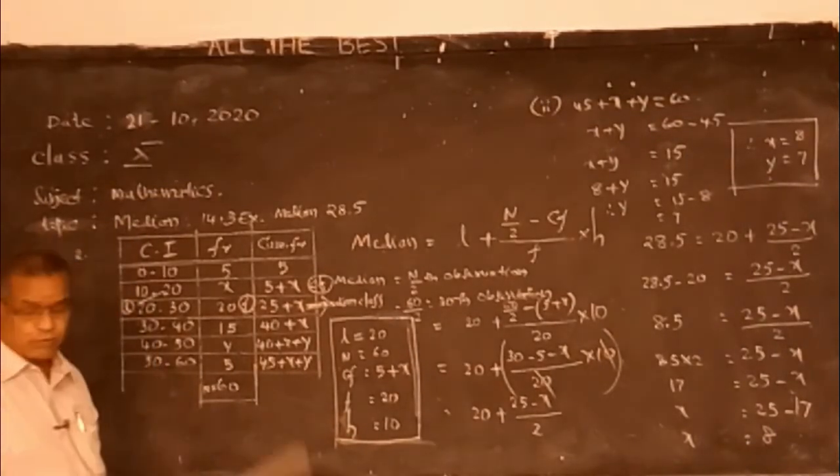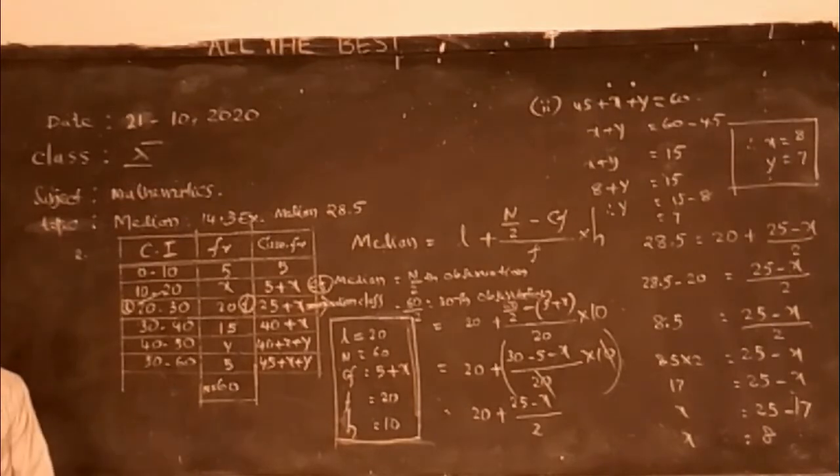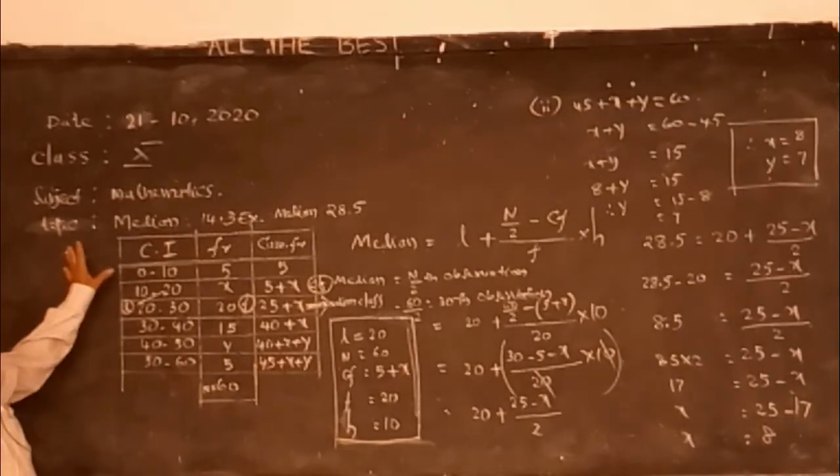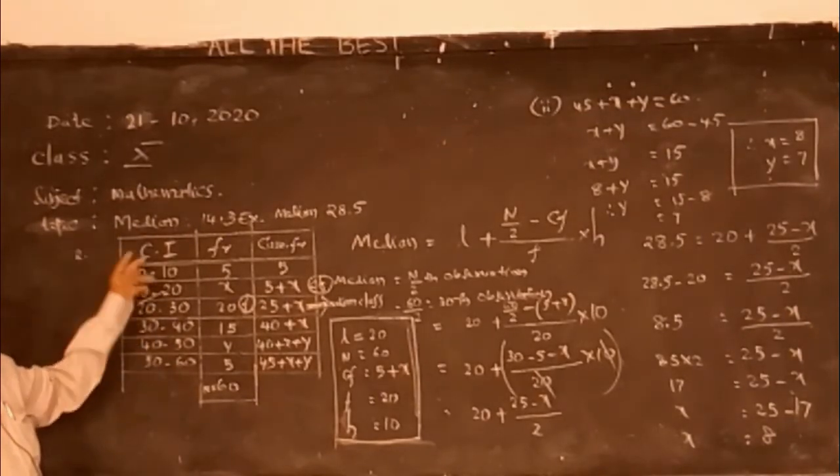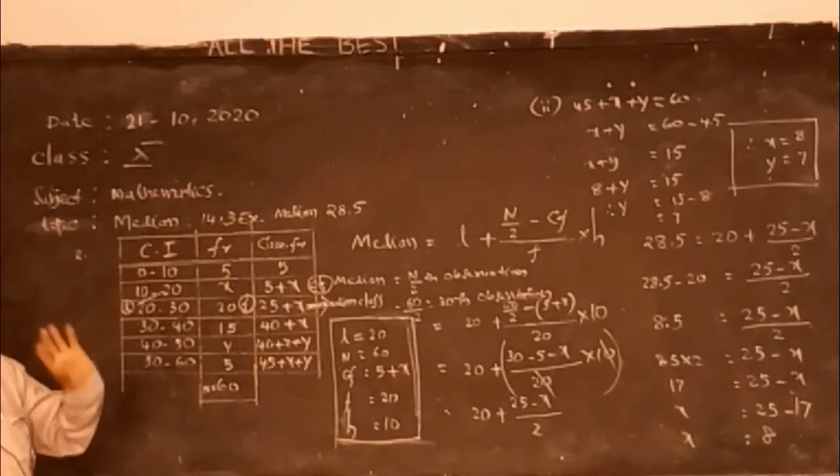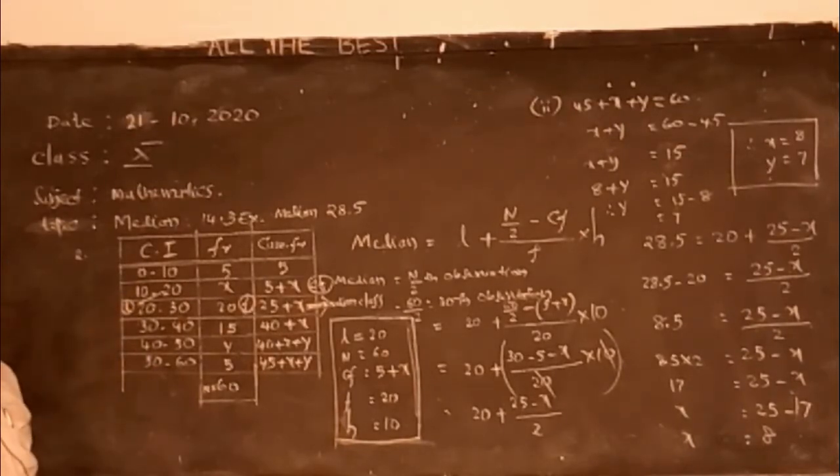Important. Second problem. Tomorrow I will explain arithmetic mean, median and mode for one table only. For one table, let us do the three measures of central tendency.